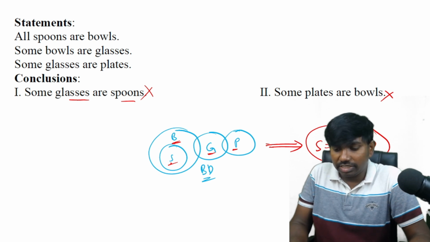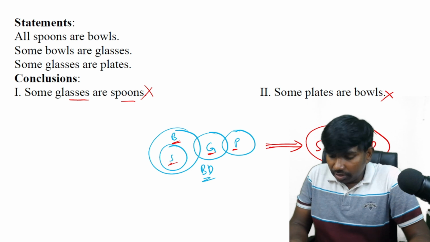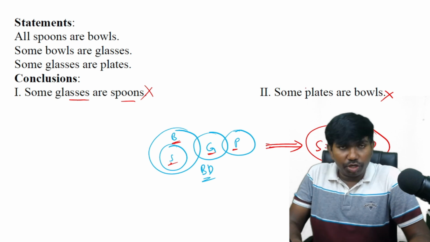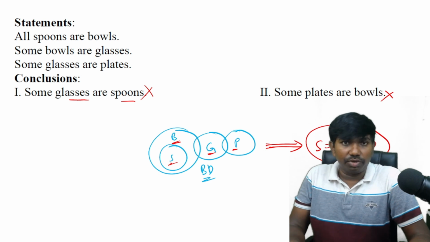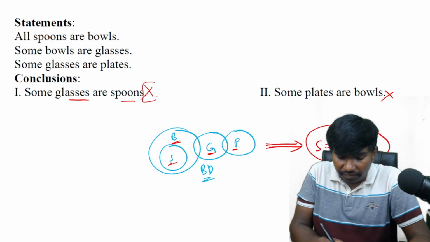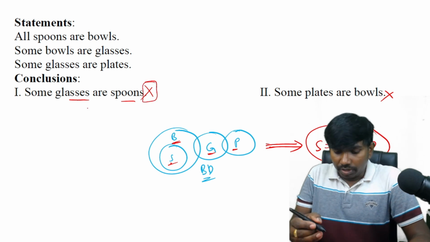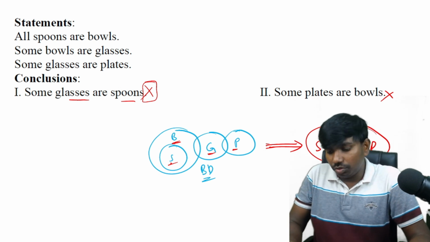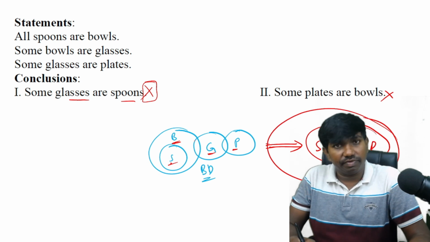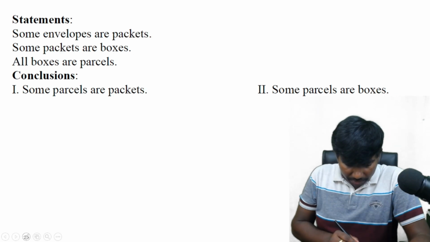In this diagram, these two are true conclusions, right? But still they are fail only, because if one possibility fails, it is a total fail only. So in the basic diagram itself it is fail, so why draw an alternate diagram? No need to draw any alternate diagram if the basic diagram itself fails. Okay, next, yeah, let me draw the diagram.